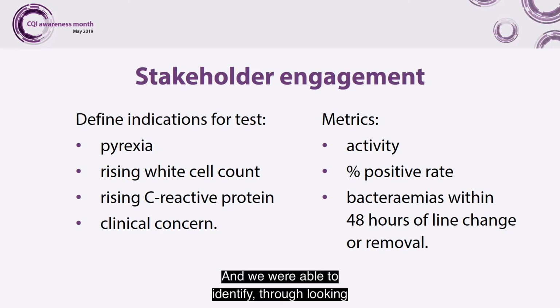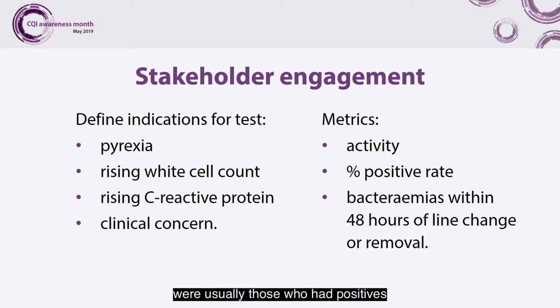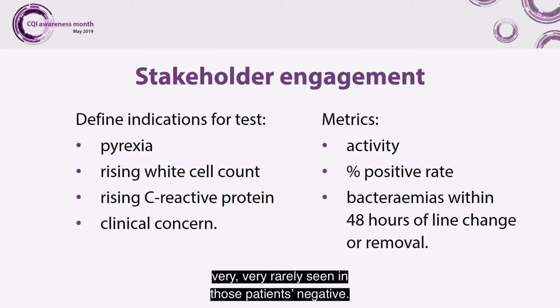And we were able to identify, through looking at the positive group and a matched group of negative cultures, the patients with persisting pyrexia, with a white count that was rising or a rising CRP, were usually those who had positives, and those parameters were not seen, or very, very rarely seen, in those patients negative.